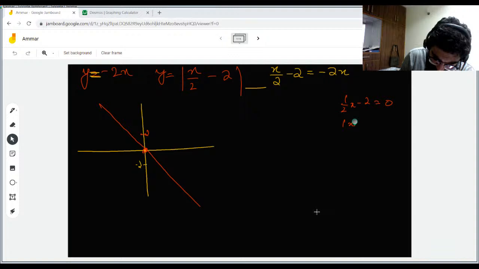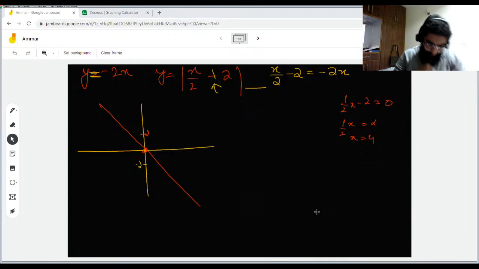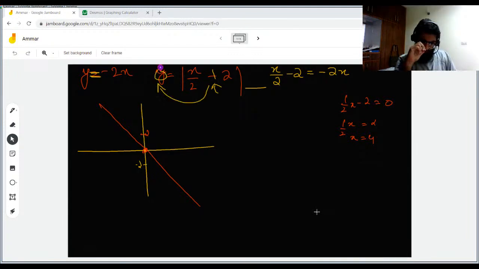I'm saying if this is mod, this becomes plus, and then when you take it out of the bracket and bring it here to 0, it becomes minus again. No?